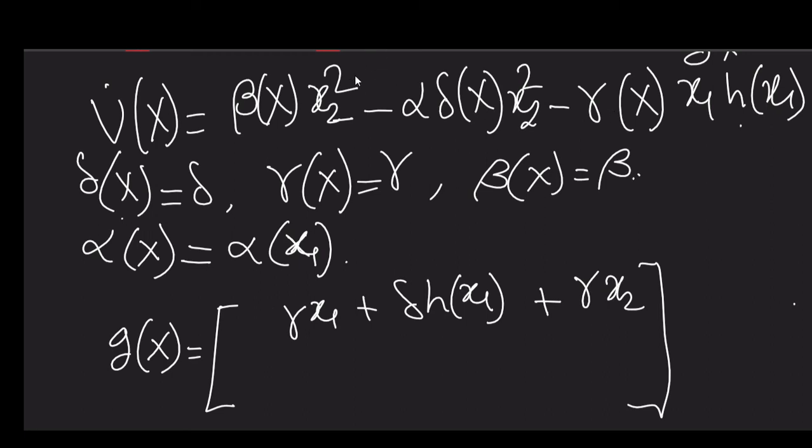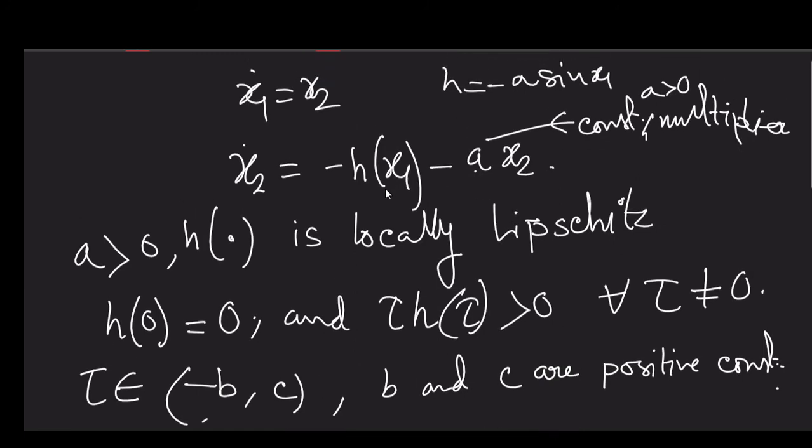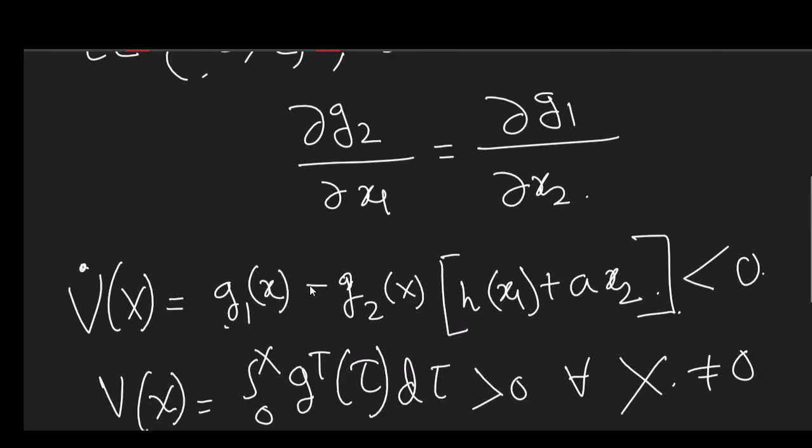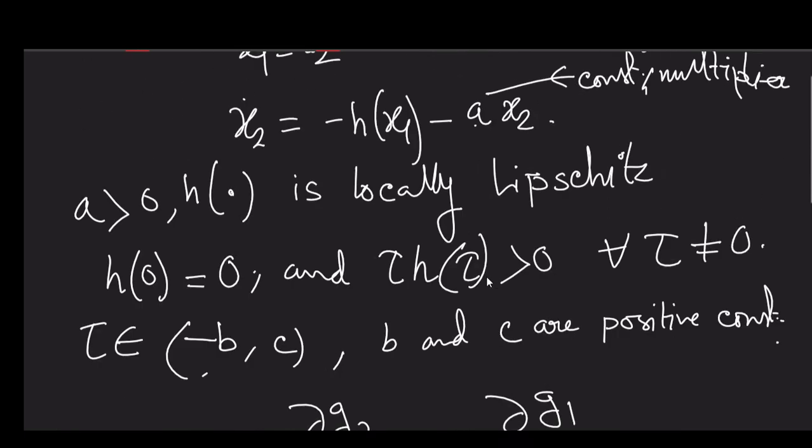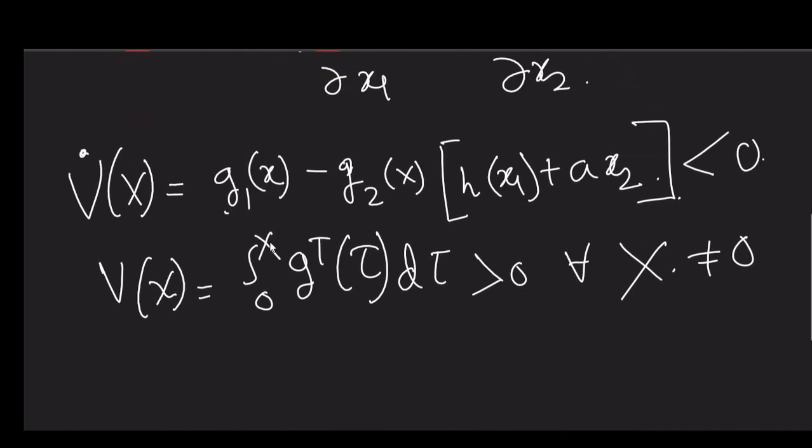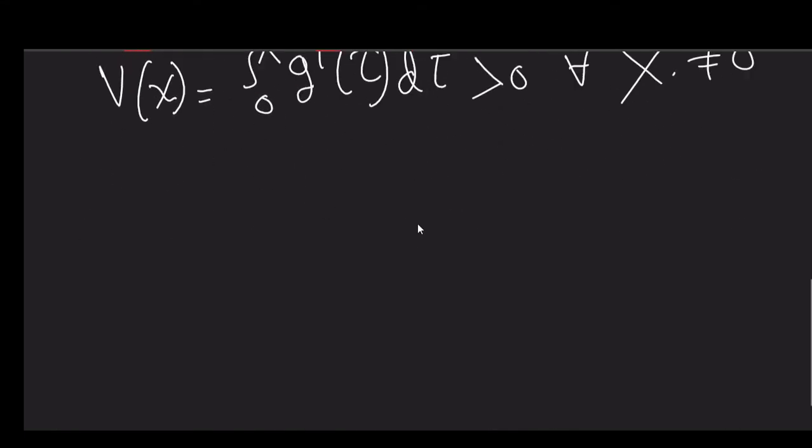Sorry, here it should be x1. So how can we write this? Where was G? I have written G somewhere but forgot.